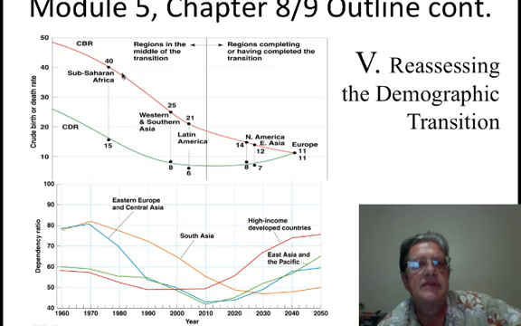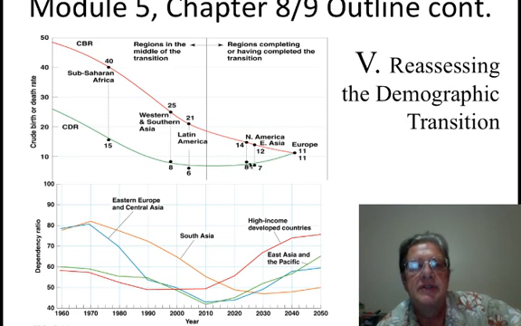And it's this difference, this large gap between the birth rate and the death rate, that's causing a large population increase in these countries. When we get out into these areas down here near the bottom of both of those curves, we see the more developed countries of North America, parts of East Asia, and Europe.